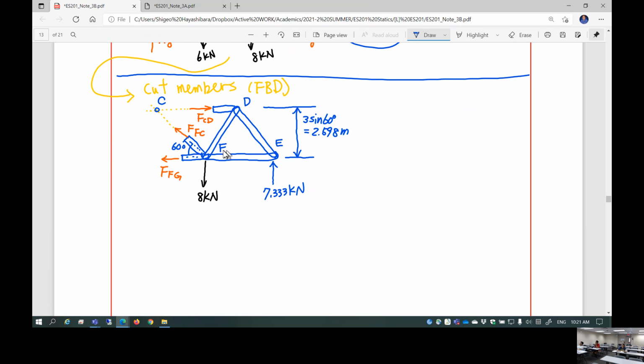You don't have DE or FE. DE or FD, yeah. Those are still assembled. Once you introduce the virtual cut, you are going to expose the internal forces, those 3. The rest is still assembled.